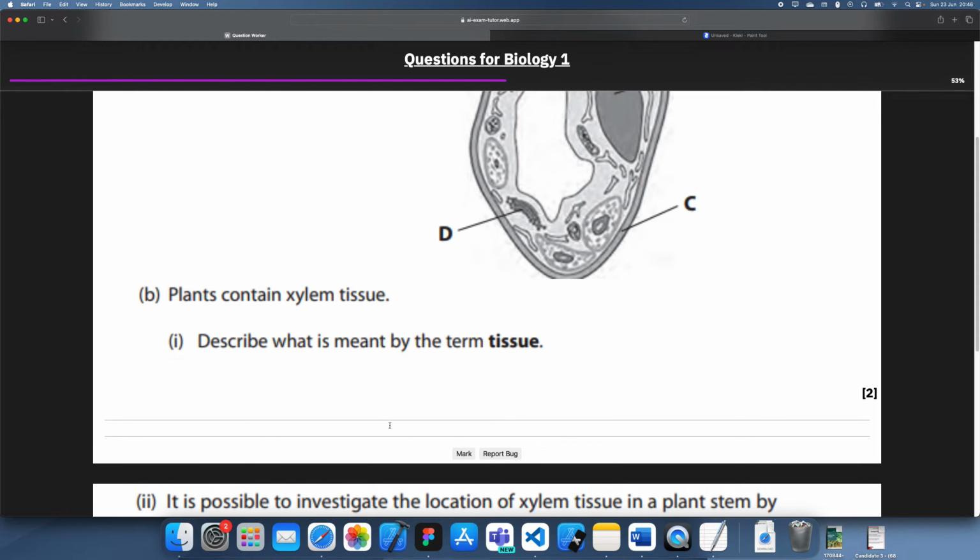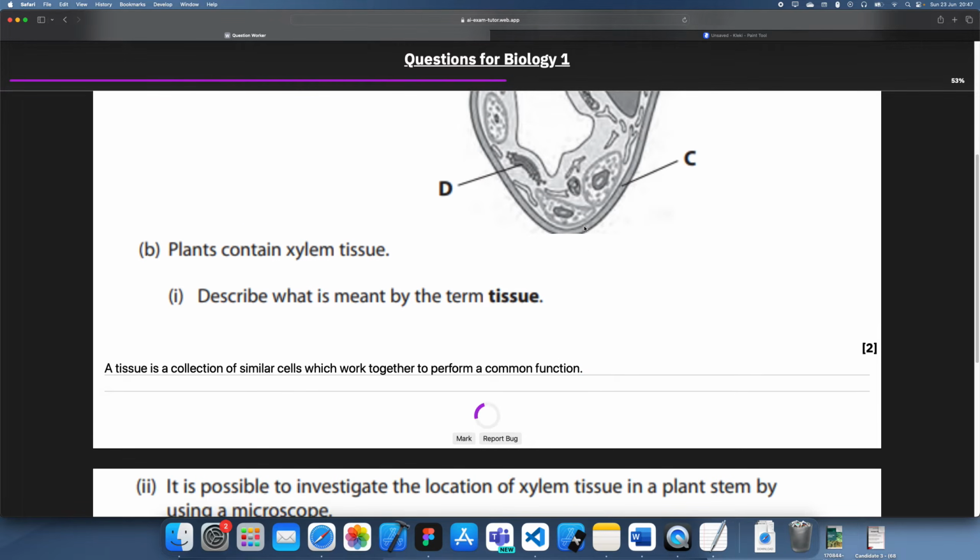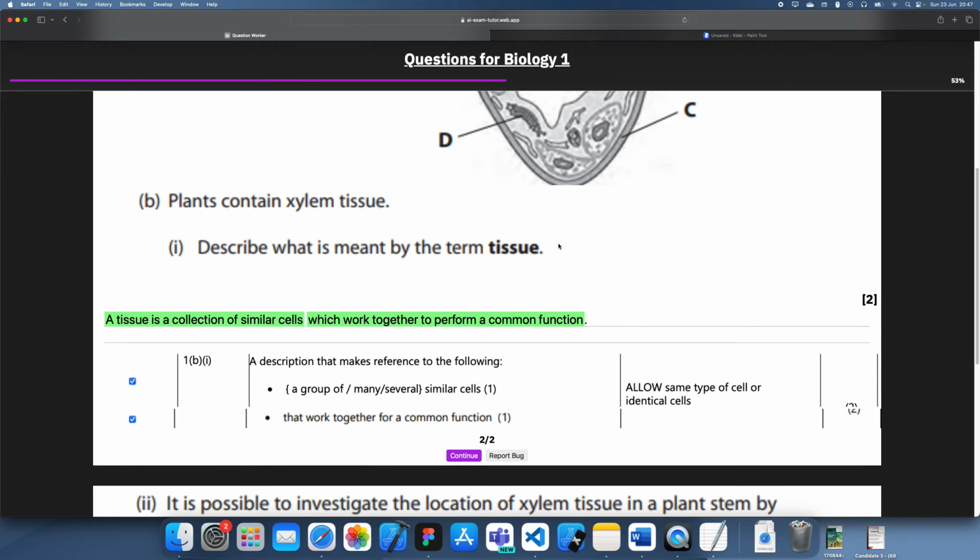Let's say I said a tissue is a collection of similar cells which work together to perform a common function. I think they might be the same cells, but this should be fine. And we click mark, and it will mark it automatically.